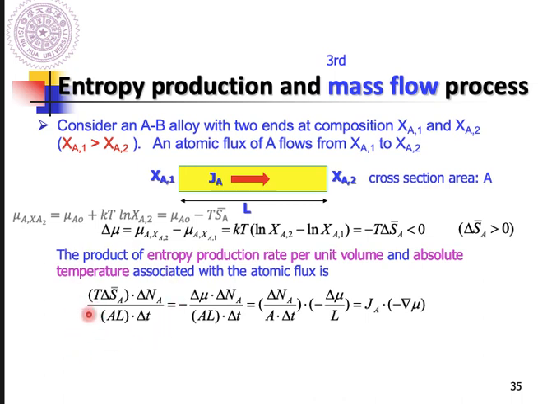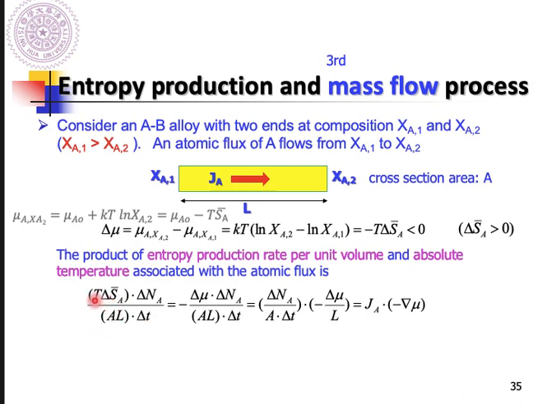What we want to know here is the total heat passing through these materials. So T delta S is dq, right? And this heat is related to one atom A, so we add up the changes of atom A to get the total change in heat, and divide by the time and also the volume of the system.